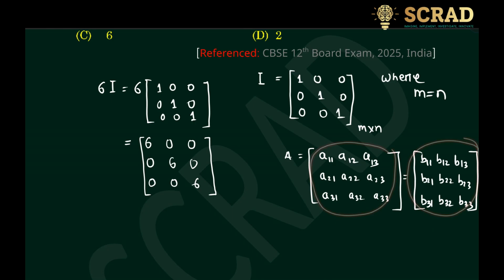So how can I compare? I have to check every element with the respective element of the other matrix. Here I have A11, so A11 must be equal to B11, like that. A12 must be equal to B12, like that.